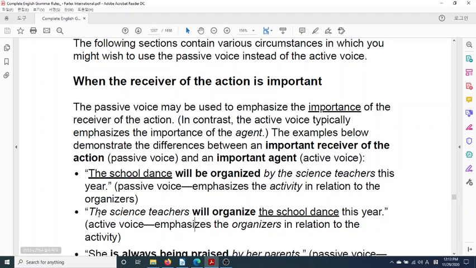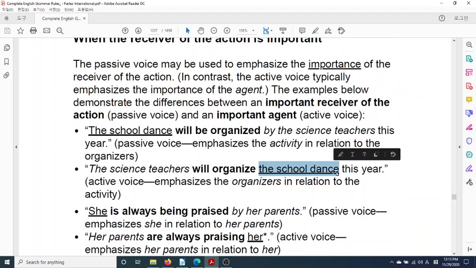This makes it seem like the teachers are more important than the dance. And in this case, active voice makes a lot more sense. So really, it's up to you, the speaker. The speaker is deciding what they think is the important information and is choosing the correct grammar structure to fit that.